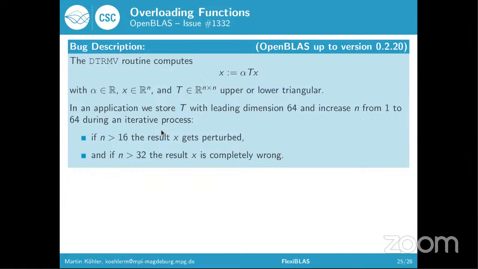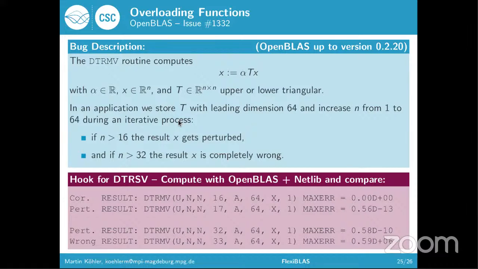So what I did was write a hook which on the one hand calls OpenBLAS, since I selected OpenBLAS as backend, and on the other hand executes the NETLIB implementation with the same input data, and then I compare the output. That's what comes out here.